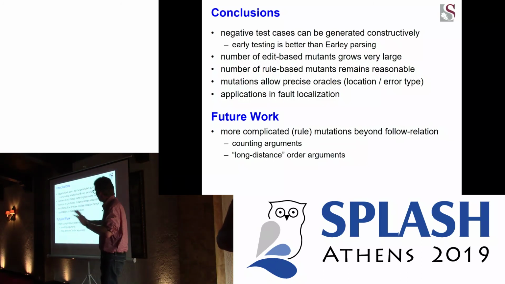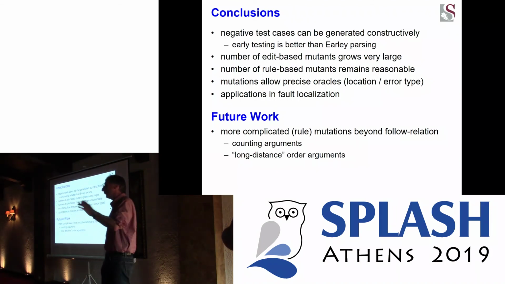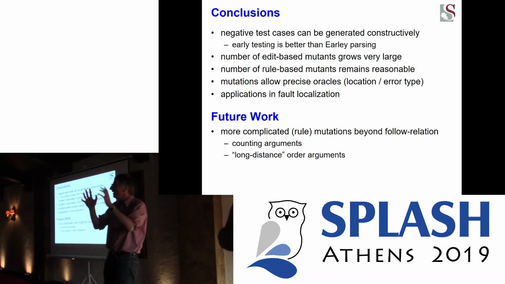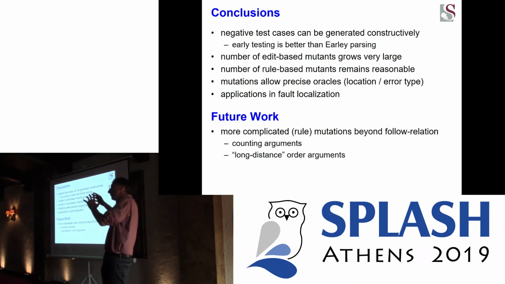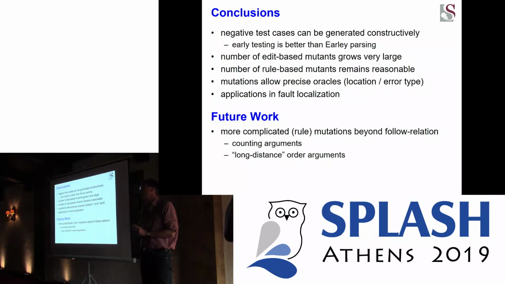So there are some similar ideas about long-distance order. You know that statements have to follow declarations, and there's something in the declaration, the colon, that can't come in the statement. I haven't completely worked that out. But there are some ideas for how you can generalize this to more complicated conditions.